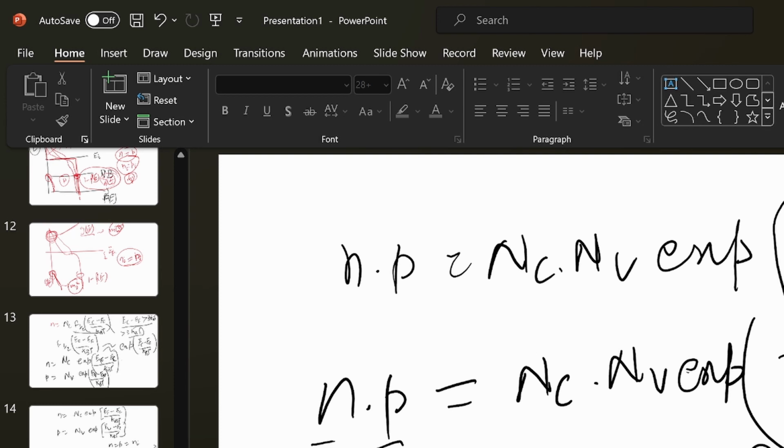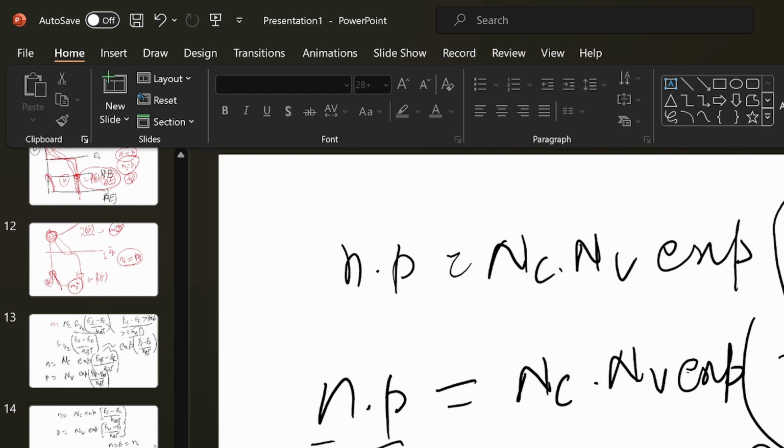So for any semiconductor, if you are given the band gap, you can calculate the intrinsic carrier concentration. ni is nothing but the intrinsic carrier concentration, when the number of holes is equal to the number of electrons. We are not biasing the semiconductor, not externally doping it, not stimulating it with light or anything.